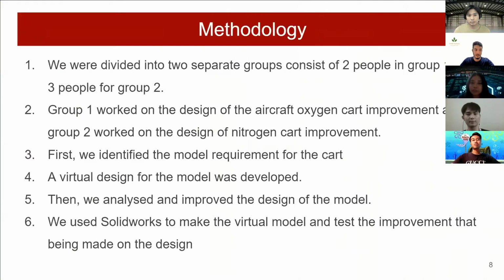Okay, so for the methodology of this project, first we were divided into two separate groups, consisting of 2 people in group 1 and 3 people in group 2, as mentioned just now. Group 1 worked on the design of the aircraft oxygen cart improvement, and group 2 worked on the design of the nitrogen cart improvement.